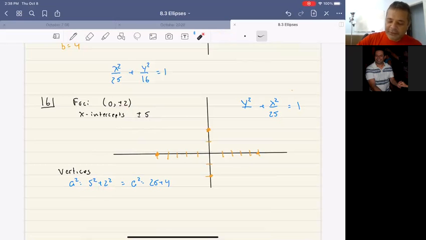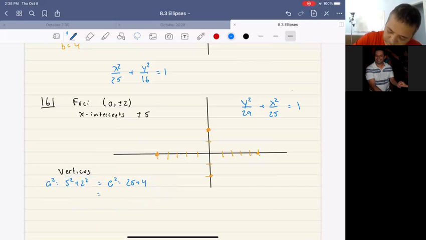So now that's going to be 29. The square root of 29 is slightly bigger than 5, about 5.4. I'm just pointing that out so that I know where to point it.